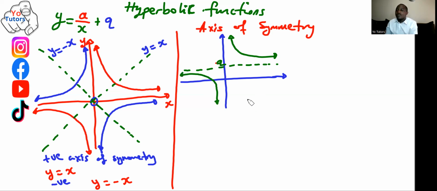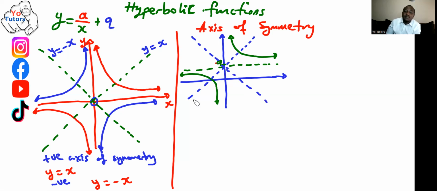No matter where the q is, this is going to be our axis of symmetry now. Two axes of symmetry. Can you see what we have done to these axes of symmetry? They have shifted. Always remember you have two axes of symmetry, the positive and the negative one.